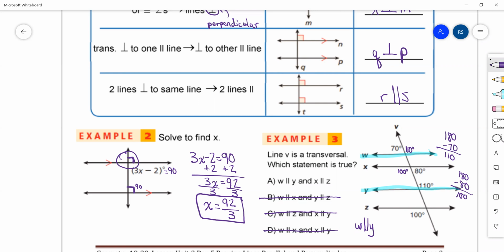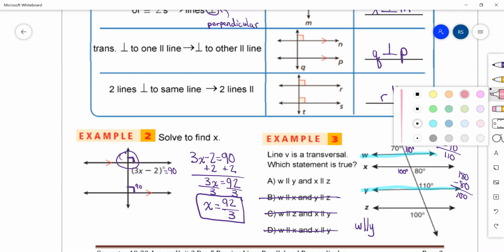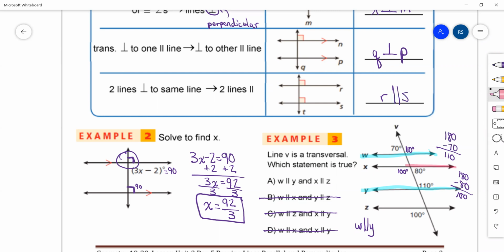Let's look at our other line, X. That's got a 100-degree angle. Z's corresponding angle is 100 degrees, which tells us X and Z are also parallel. So X is parallel to Z. A has both of those, so A is our answer.